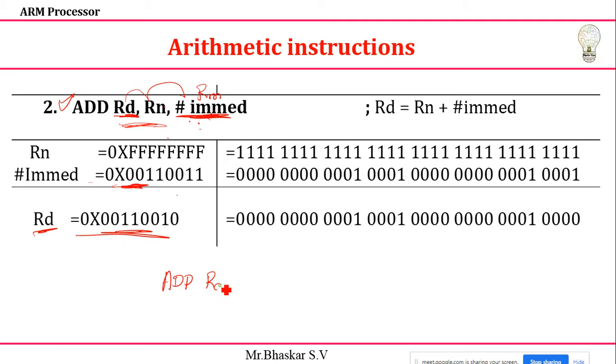If you have RD comma RN only, then how does it work? Remember, RD comma RN, if you have two registers, then RD plus Rn will be added and the result will be stored in the first register only. The first register is RD. RD content is added with the Rn and the result will be stored in the RD register.